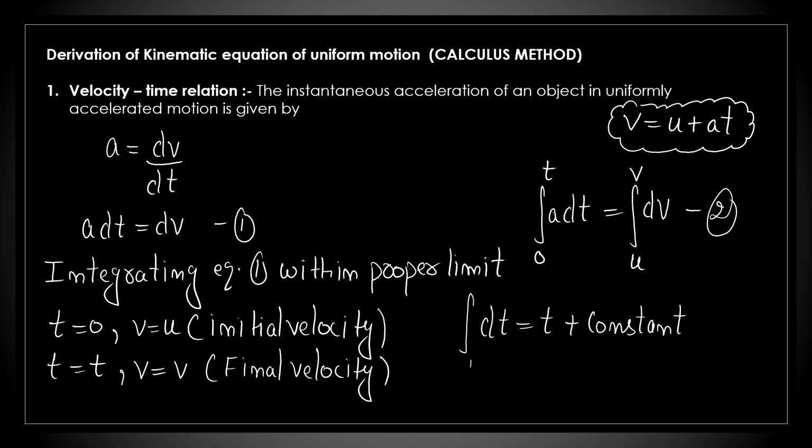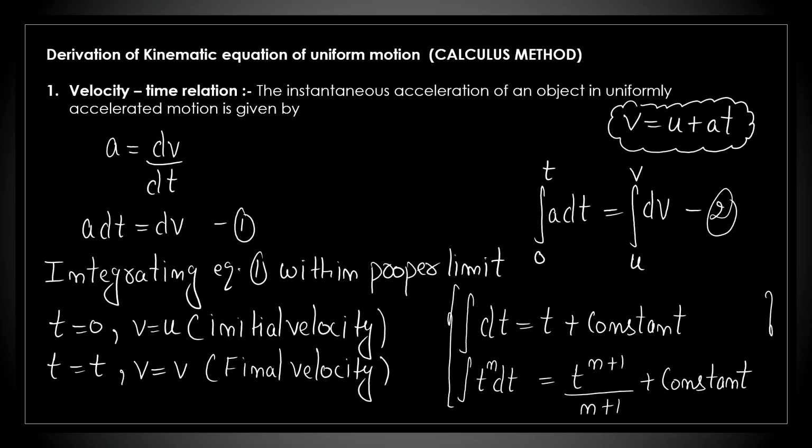The second formula: for t having power n, the integration is t power n plus 1 upon n plus 1, plus constant. These are the two formulas of integration that are used in equation second.